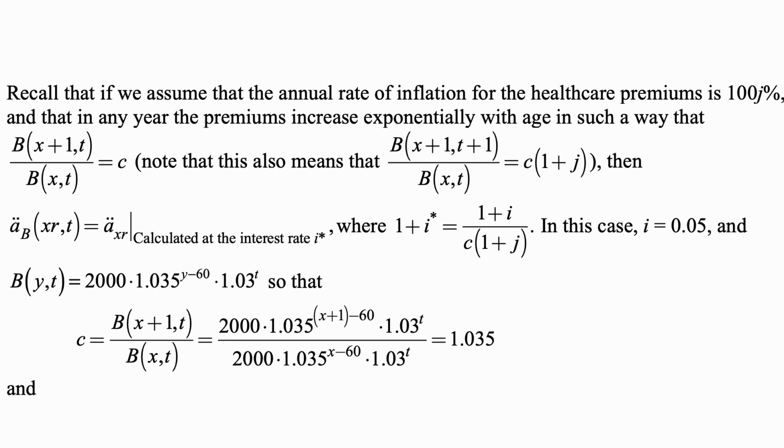Specifically, c is b(x+1, t) over b(x, t), so it's 2000 times 1.035 to the power x+1 minus 60 multiplied by 1.03 to the t, while the bottom part is 2000 times 1.035 to the power x minus 60 times 1.03 to the power t, and therefore that's equal to 1.035.